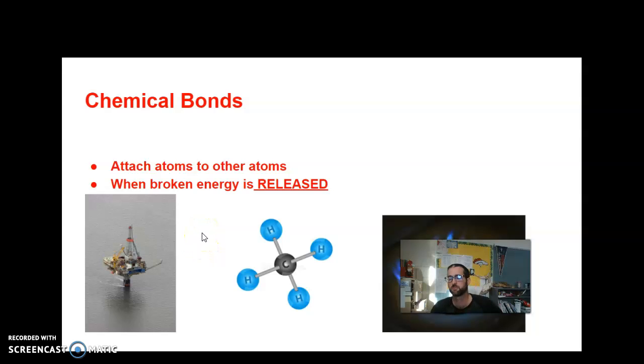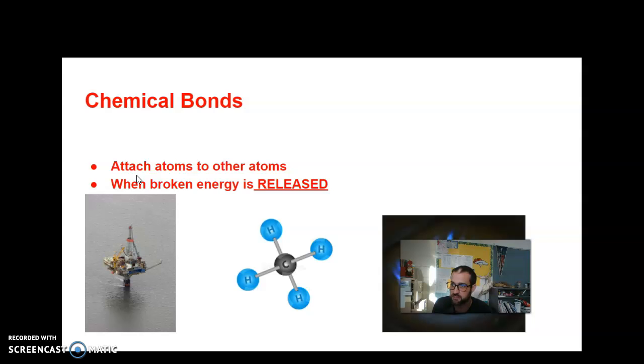So let's talk about chemical bonds real quick. There's a lot we could learn about chemical bonds, but let's just get the bare basics of this stuff down so we can relate it to things like carbohydrates and proteins. So chemical bonds, for now, just think of them as they're bonds.